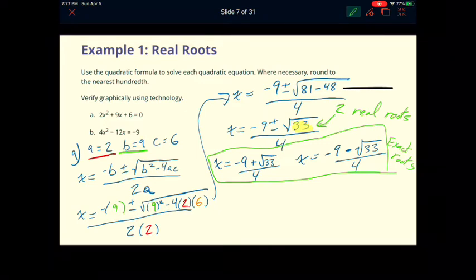But because we're going to need to round when we take the square root of 33, it's not a perfect number. It's not going to be an exact correct answer. So we need to be aware that this is the correct answer, but you are going to have to find the not complete answer as well.